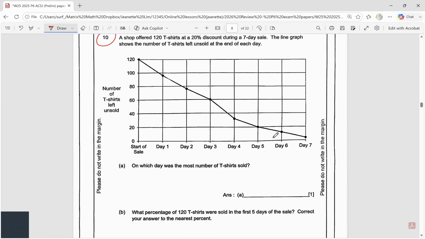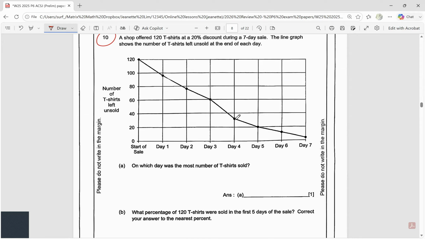And yes, it should be decreasing because the more you sell, the less you have. So the day with the most t-shirts sold is actually the one with the greatest drop. The greatest drop would show that most were sold. So if you compare the lines, the steepest one is this one. The greatest drop is over here.